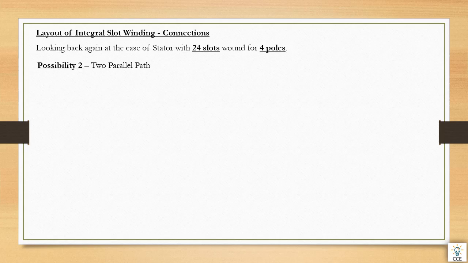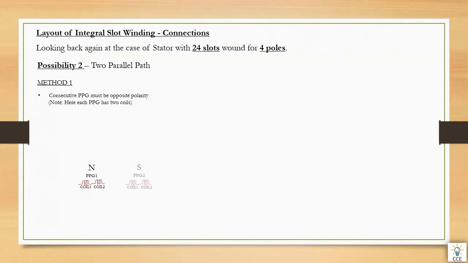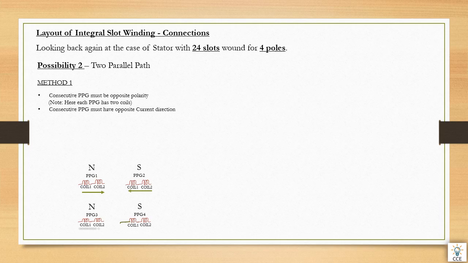Now we look at, for the same configuration of 24 slot 4 pole, the two parallel path case. So method 1. Here you can see again that for every parallel path case, there are multiple possibilities that can happen.